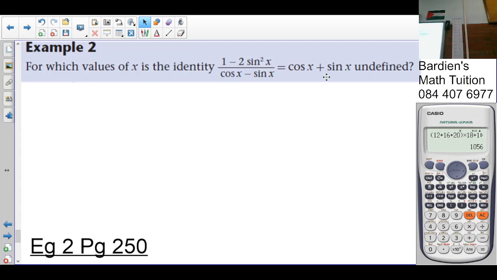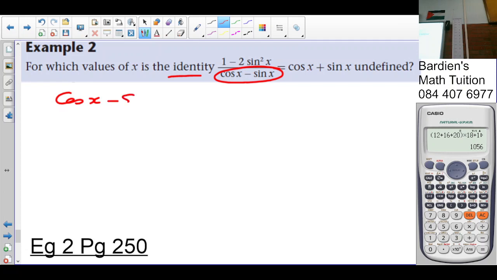In this case, it will be undefined where the denominator is equal to 0. So cos x minus sine x is equal to 0. So how do I solve for x here? Cos x is equal to sine x.